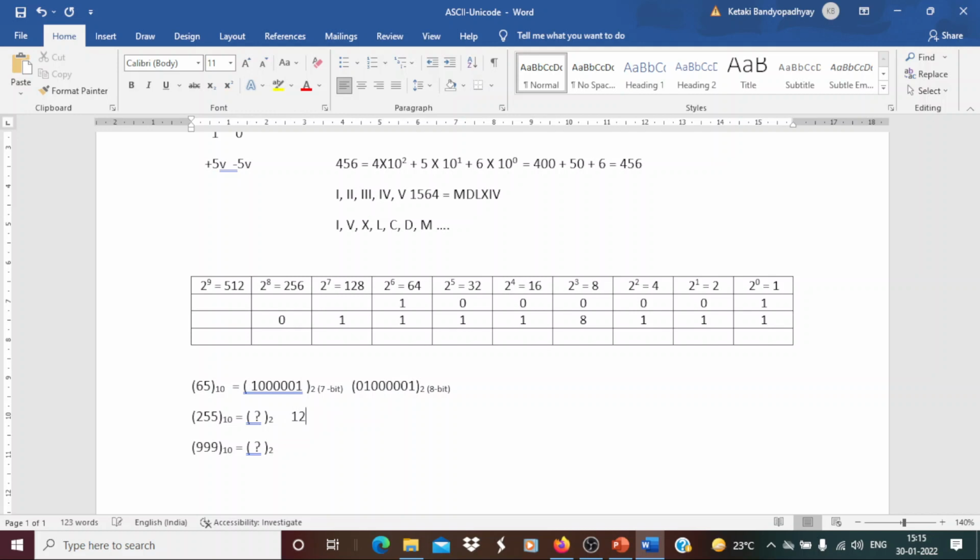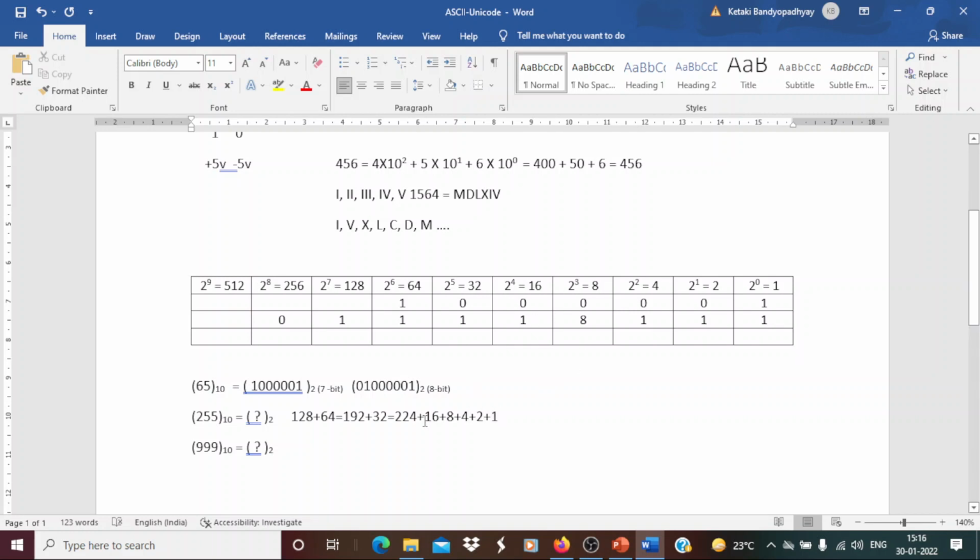Why am I saying these are present? Because let us add it up. 128 plus 64 is 192, plus 32 it becomes 224. Then we have 16, plus 8, plus 4, plus 2, plus 1.